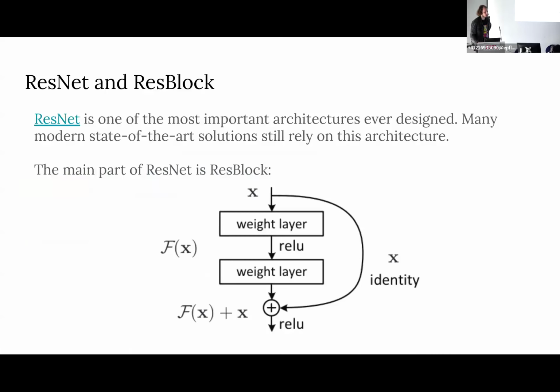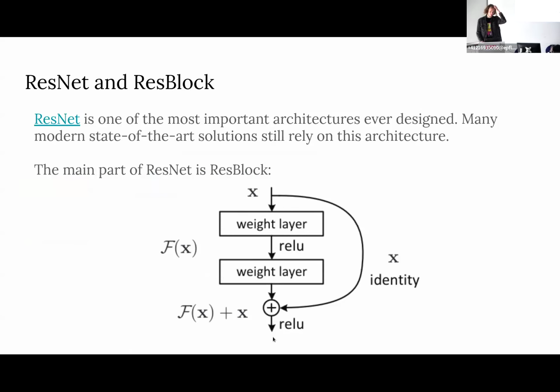So one neural network that made a lot of impact in the world by creating this idea is called ResNet, and it says that we can have this so-called res block where we have our input, we have our identity residual connection here, and inside we have convolution, ReLU, convolution, and then we just sum and apply ReLU at the end.